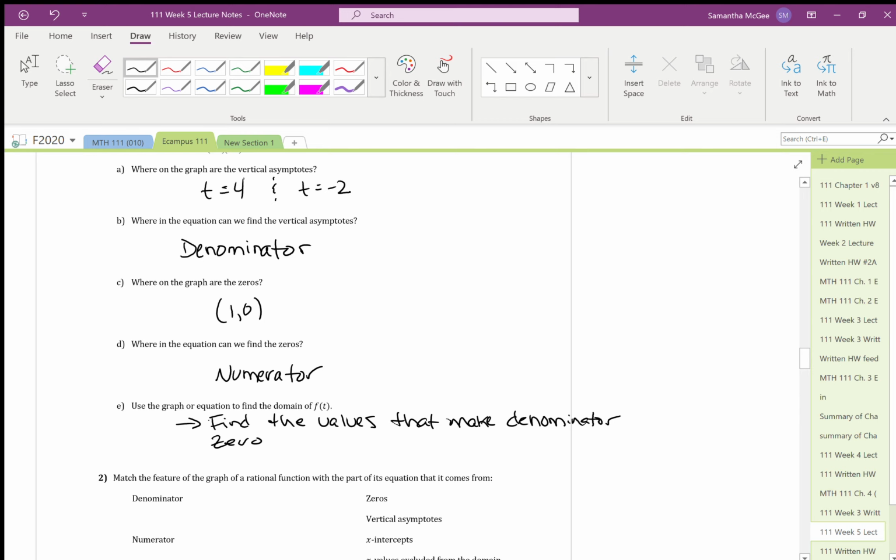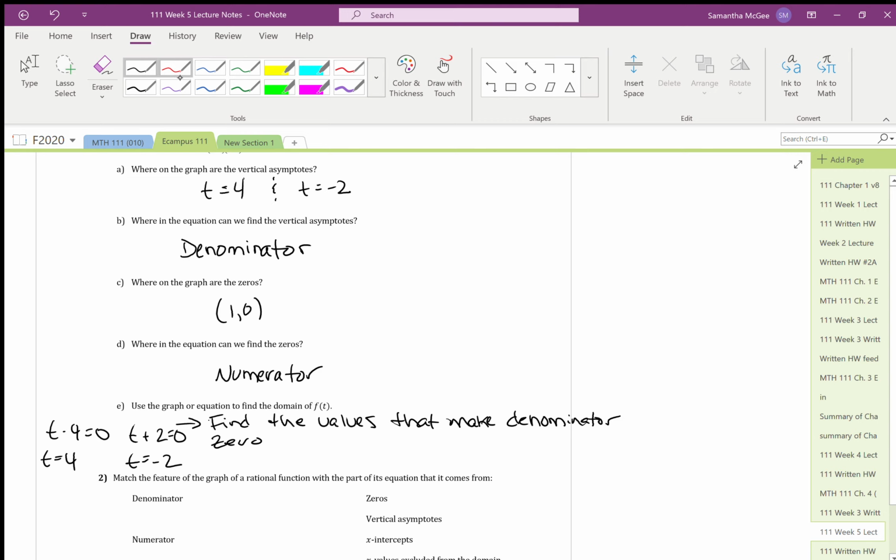In this particular case, we either have that t can be 4, or that t is -2. If t is 4, or if t is -2, our denominator is 0, and that's bad. We can't divide by 0.